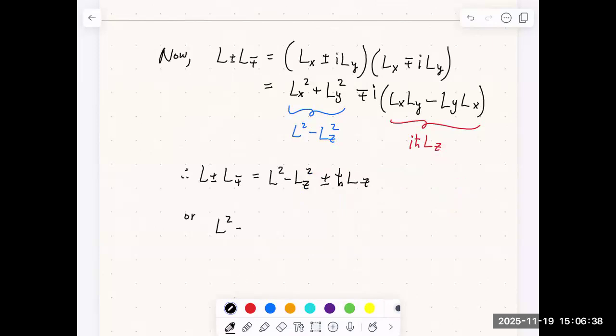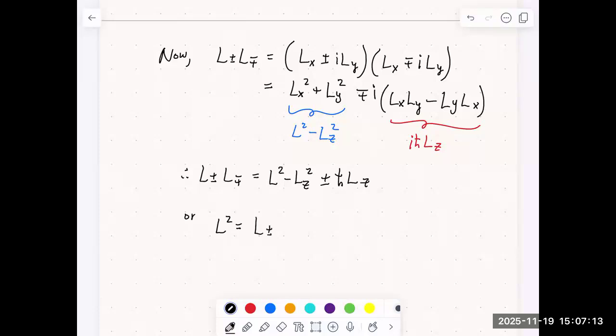Remember when we did the raising and lowering operators for the harmonic oscillator? We ended up writing the Hamiltonian in terms of a plus and a minus. It was something like h bar omega times a plus a minus, either plus or minus a half. So we're doing the same thing. We're writing our angular momentum operator, the square of L, in terms of our raising and lowering operators, doing the exact same stuff.